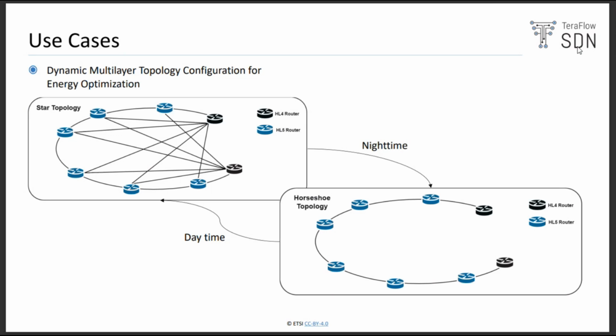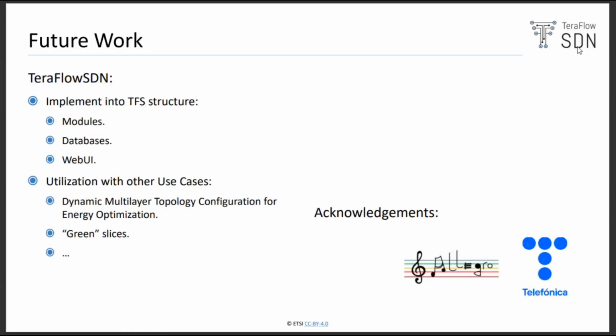For example, if we change from a star topology in the daytime to a horseshoe topology in the nighttime, we can save some ports, some boards, so we know how much those boards are consuming, and we are trying to optimize the energy consumption.